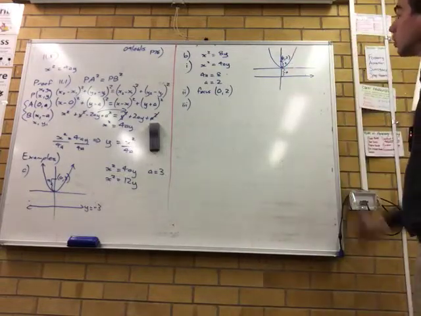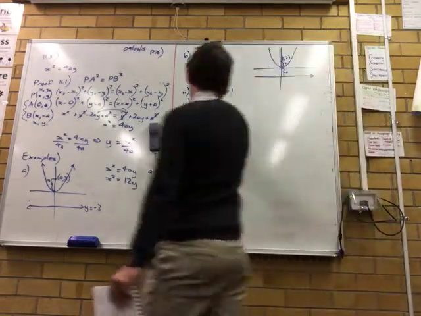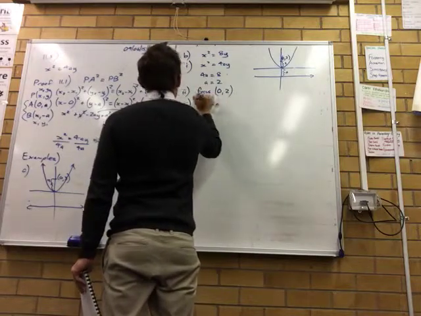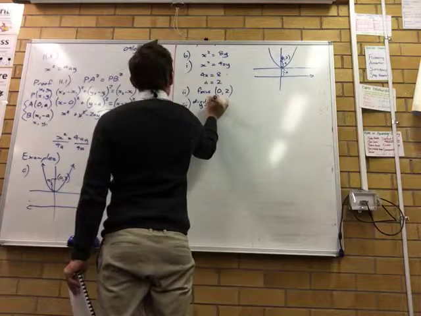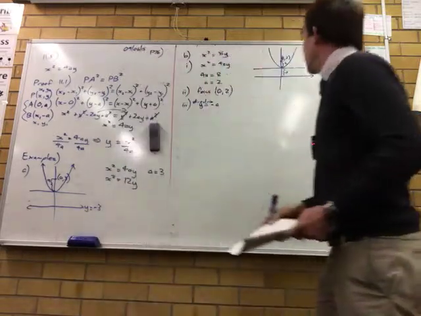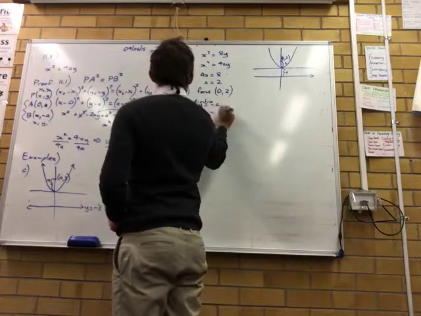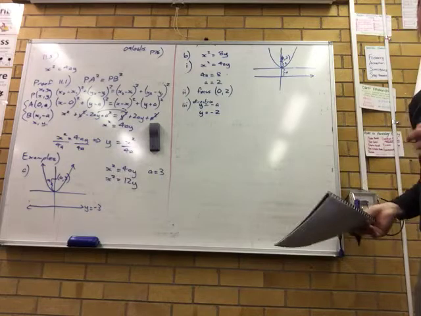So we cross the y-axis at negative a because we've gone down, so the equation becomes y equals negative a. That's the directrix. So y equals negative 2, because you've found the value of a already.